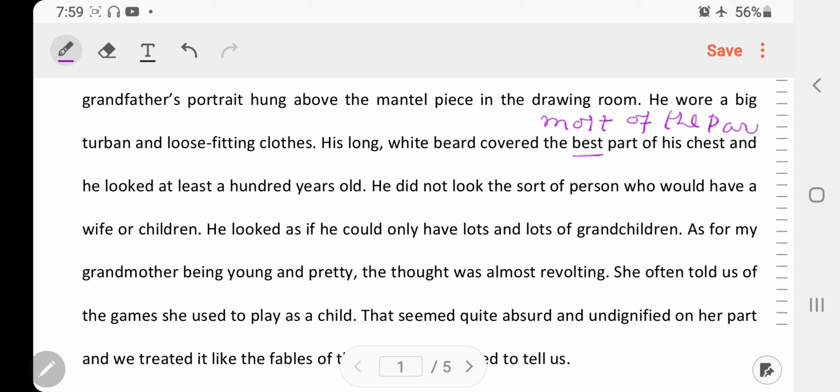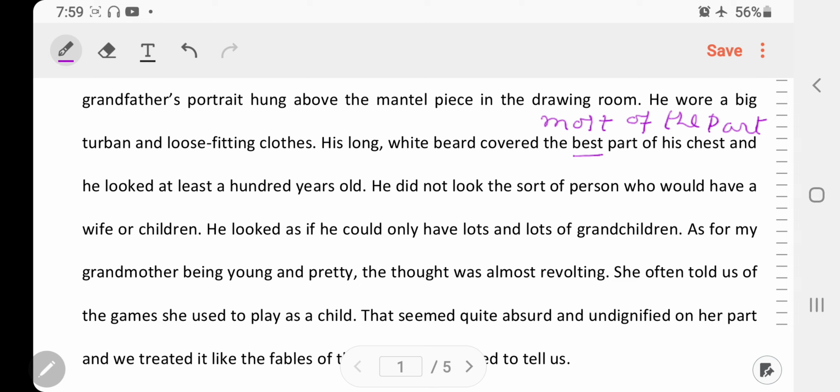Most of his chest has been covered by the long beard. And when he sees the photo of the grandfather, he feels that this person is 100 years old. He did not look the sort of person who would have a wife or children, but he looked as if he could only have lots and lots of grandchildren.